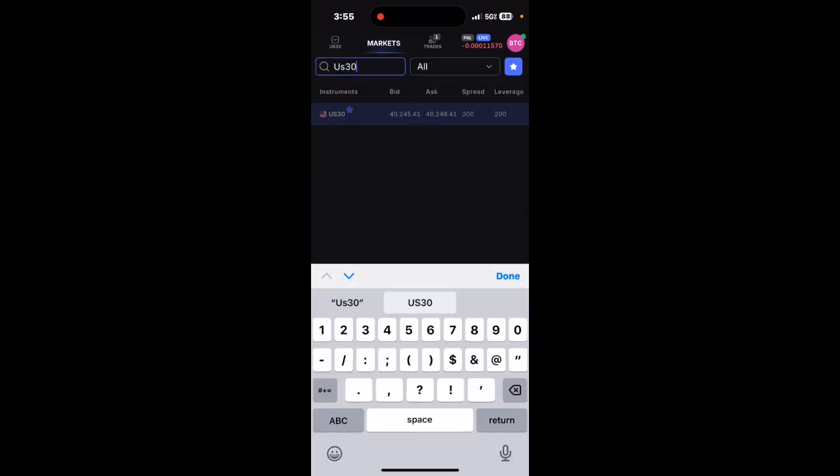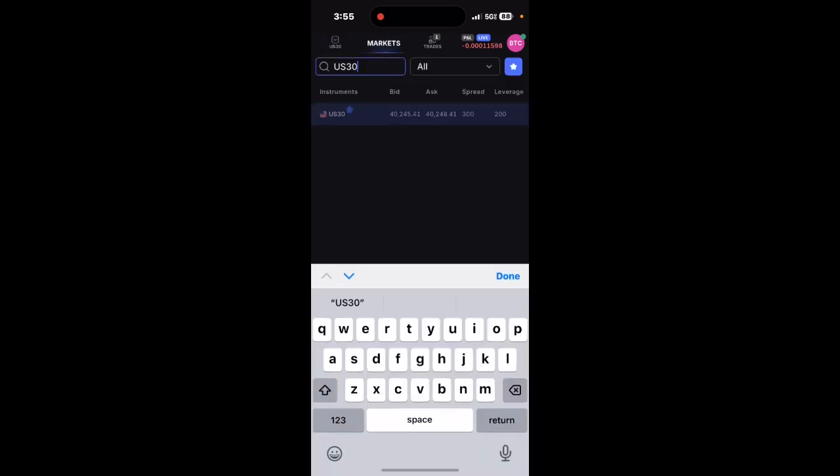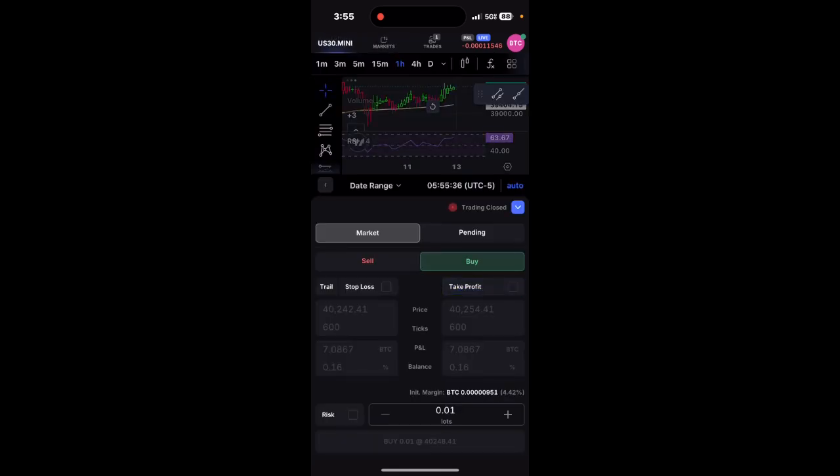US30. Now, we've got to get to the mini. Right here. Okay, so this is the mini. But instead of the gains being in USD, the gains are in Satoshi.